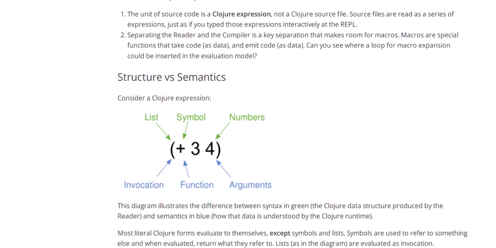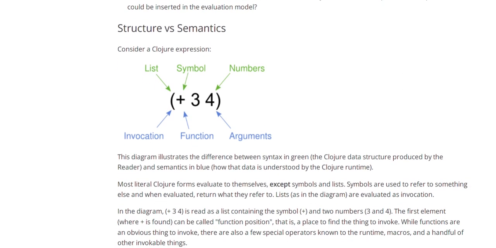Let's discuss structure versus semantics. Consider a Clojure expression like this. This is the expression, and here's the invocation for a function with two arguments. These arguments are numbers, and this function is expressed with a symbol.